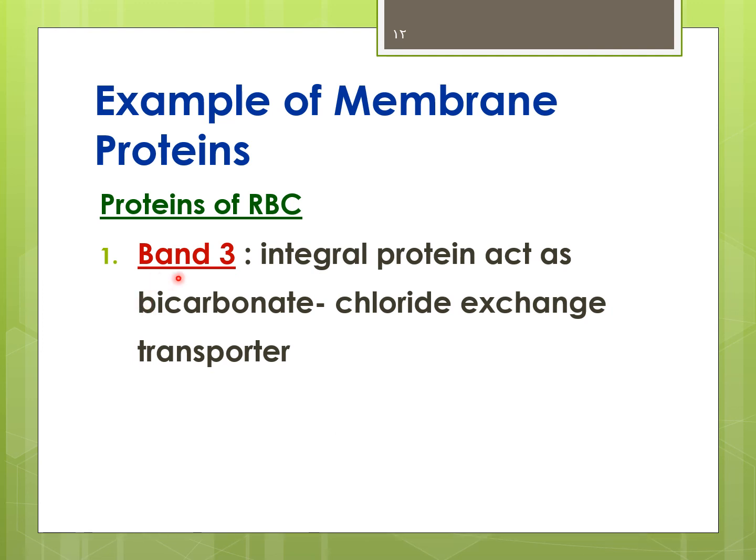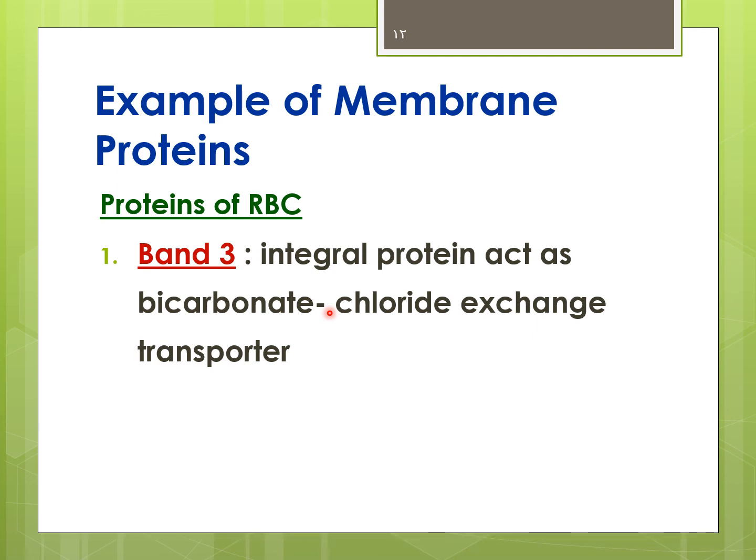Let's take band 3 first. Band 3 is an integral protein that acts as a bicarbonate-chloride exchange transporter. Why is this important? One of the functions of the RBC is to carry oxygen and CO2. Oxygen is easily incorporated inside hemoglobin, so it can be carried easily.